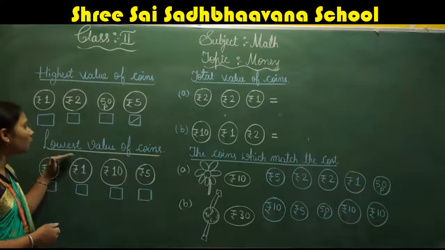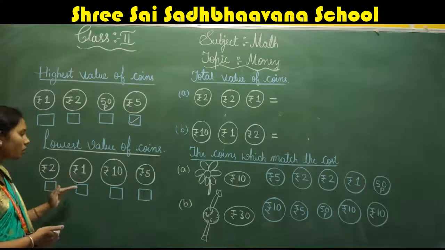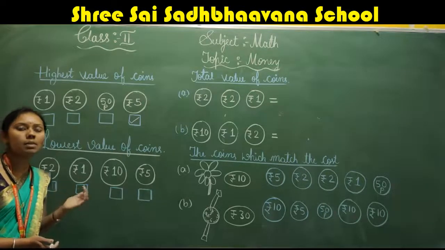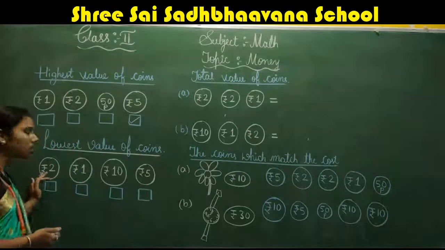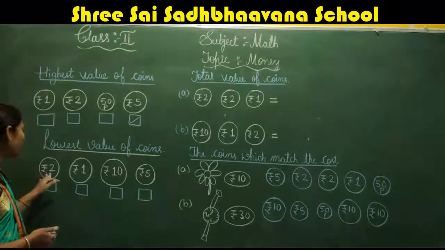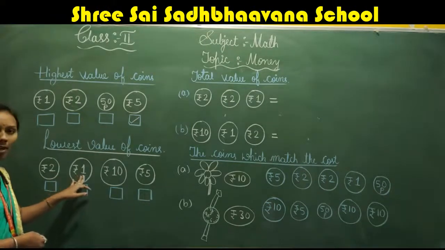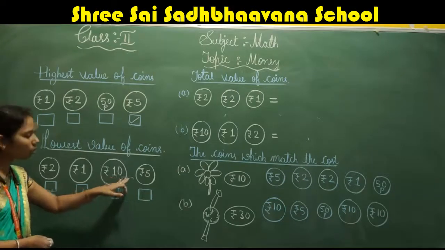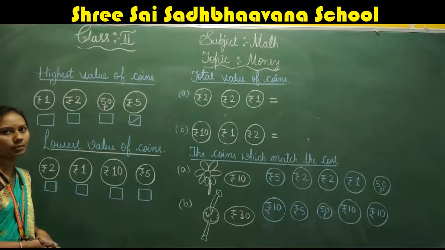Now let us see the lowest value of coin. Okay, now we are going to take the lowest value, that means the one with the lower price. The coins we can see here are rupee 2, that is the 2 rupee coin, 1 rupee coin, 10 rupee coin, and 5 rupee coin.